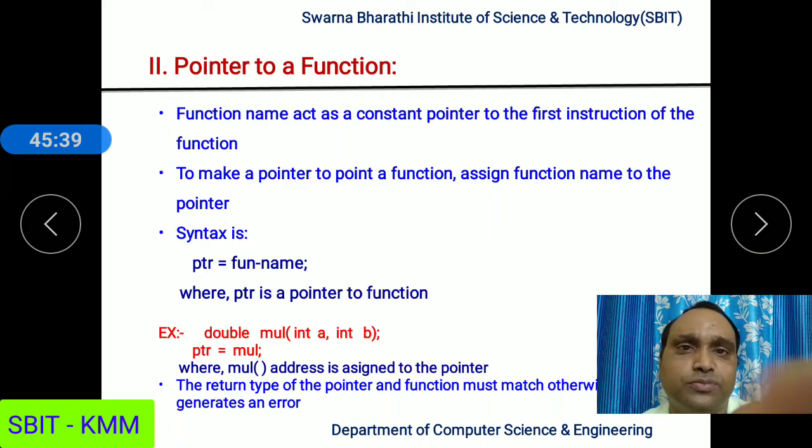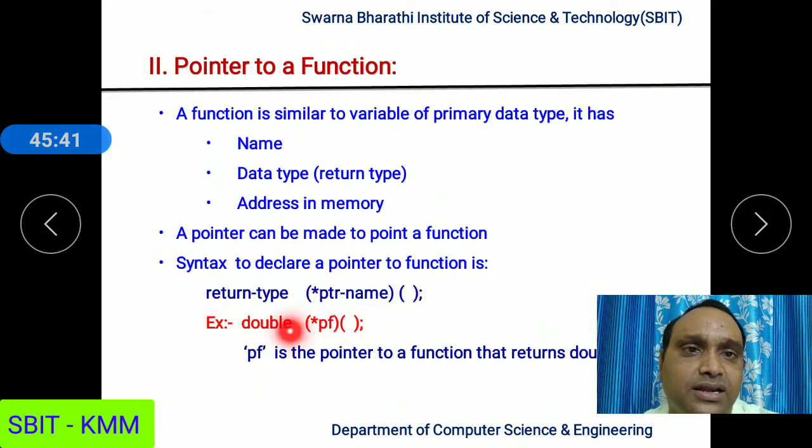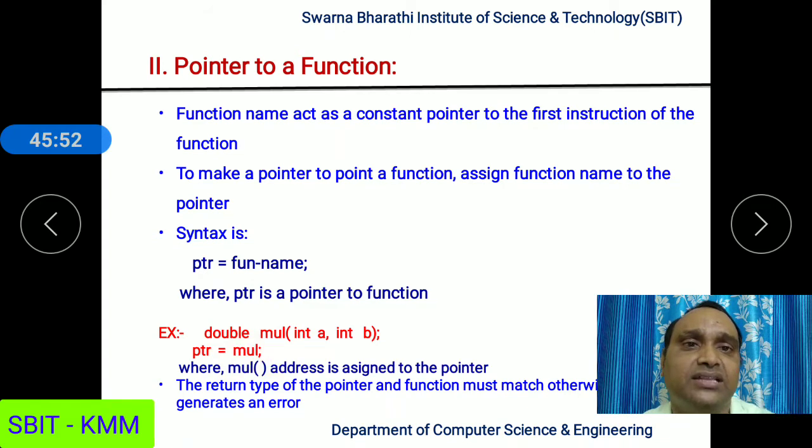And ptr should be declared like this: double star pf, like pf. There you have to write, instead of pf, ptr and empty set of parentheses. Then this statement is valid. Otherwise this statement is not valid.